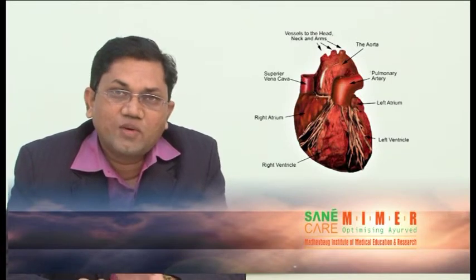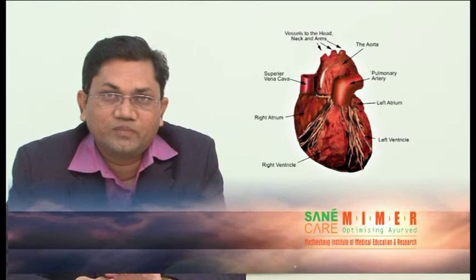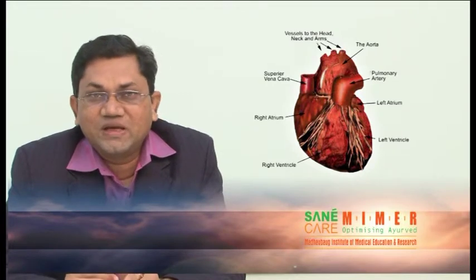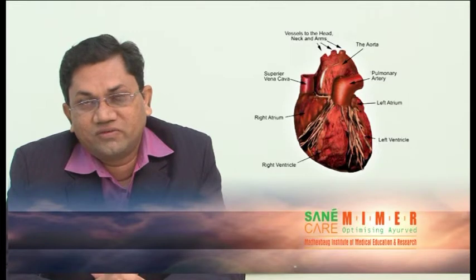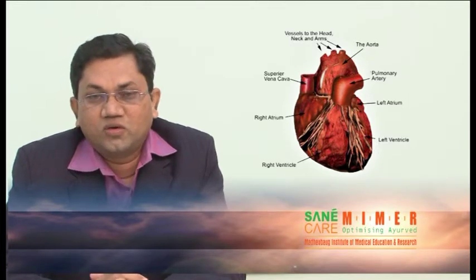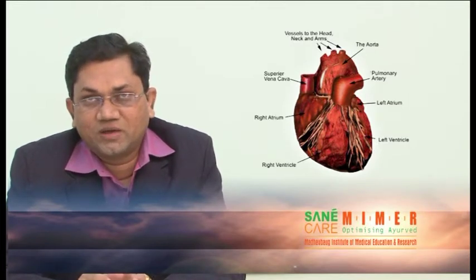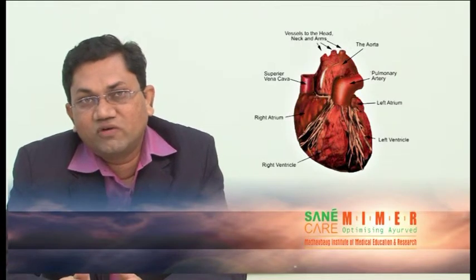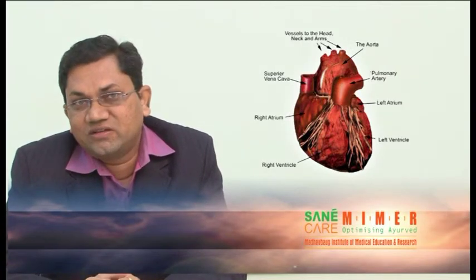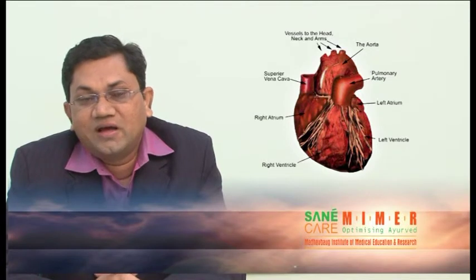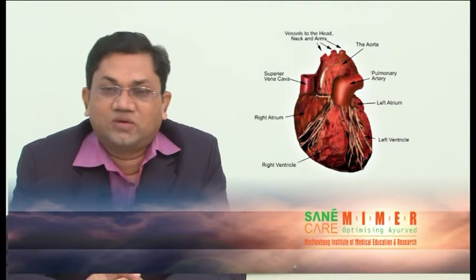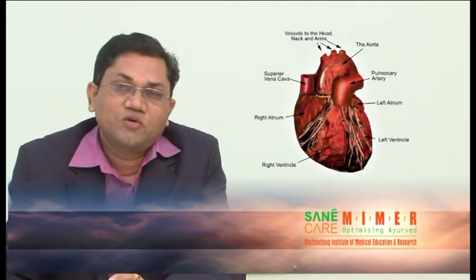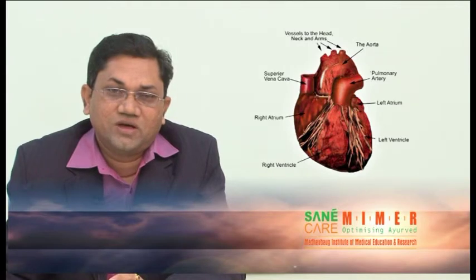If you go above this, you will find that the upper border, or the base of the heart, is formed by the great vessels and part of the left atrium. All these form the surface of the heart. In this picture again, the anterior surface of the heart is formed by the right atrium, right ventricle and the left ventricle. So this is about the border and the surface of the heart.